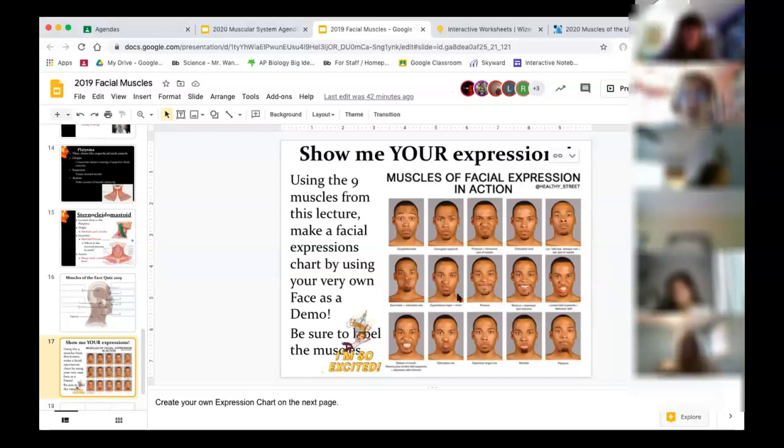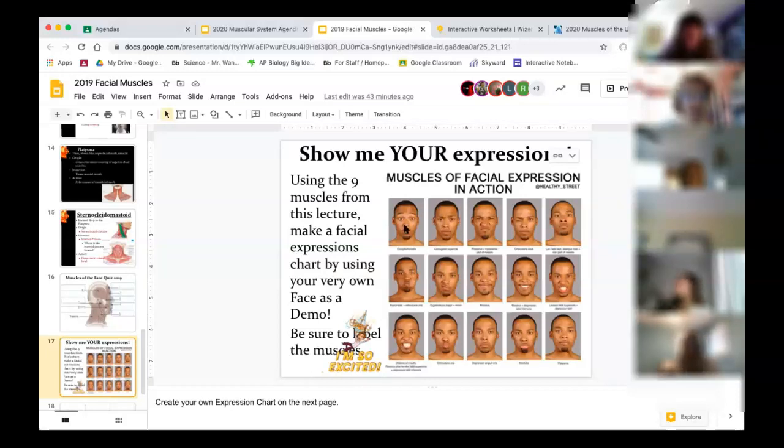So you don't have to do all of these muscles. And to clarify, I don't want you to go and find pictures of other people and put them in there, because what's going to be fun for me is seeing you do it. And again, you going through the action is part of that learning process, part of you internalizing information.